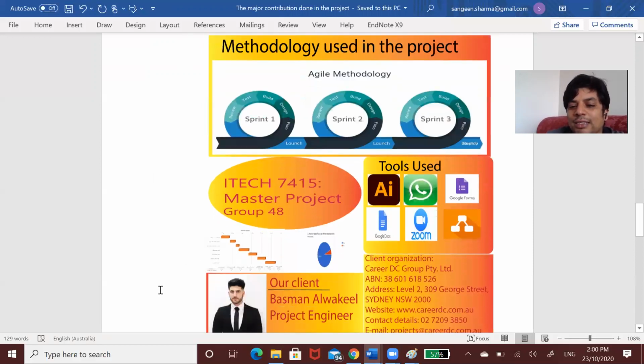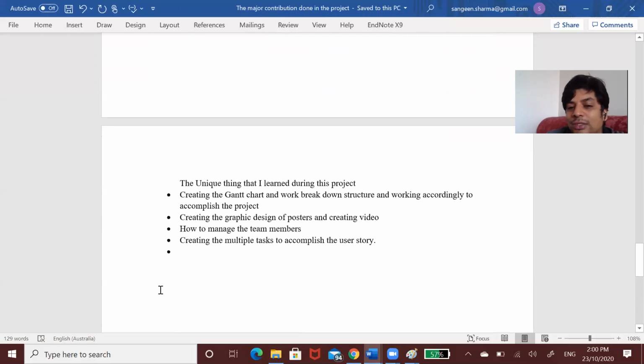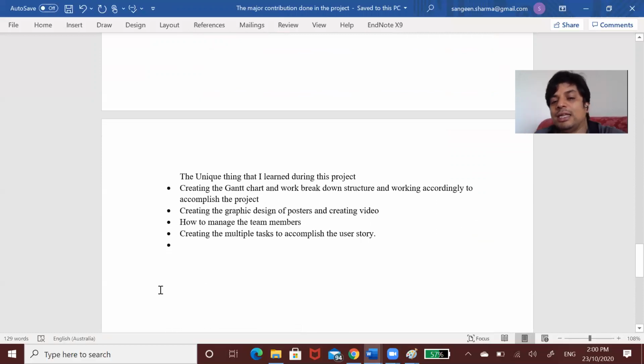And the unique thing that I learned during this project is creating the Gantt chart and work breakdown structure, and working accordingly to accomplish the project. We studied the Gantt chart in class, but I had never made a Gantt chart or a work breakdown structure.